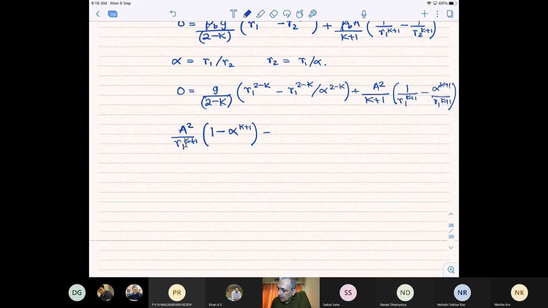And this side is equal to, I'm taking K plus 1 on the other side, into G, and this I'm going to put as K minus 2, so I'll take the minus sign inside, and I'll take out R1 raised to the power of 2 minus K, and then what I'm left with is 1 upon alpha raised to the power of 2 minus K, minus 1.